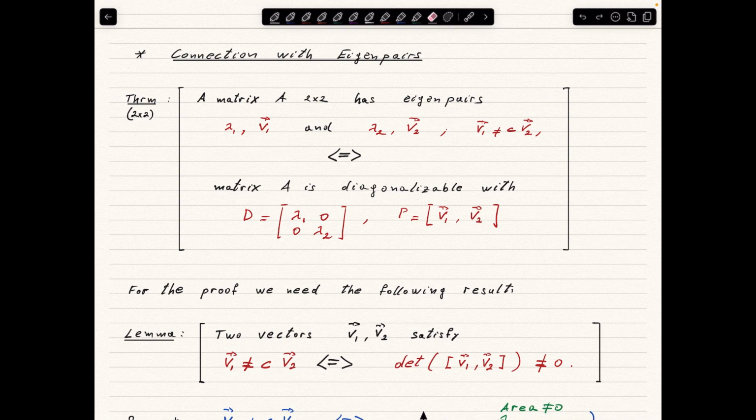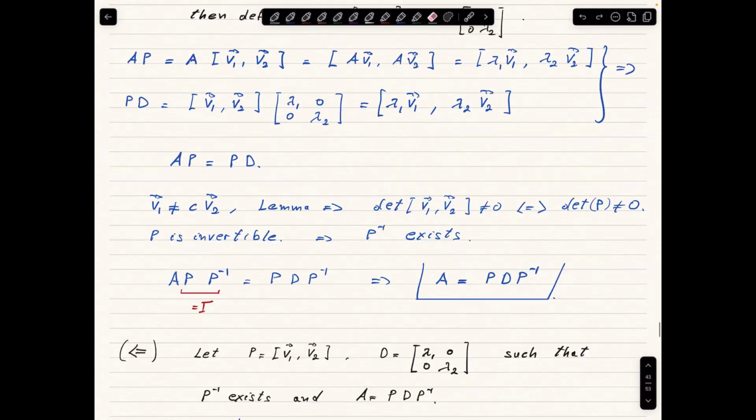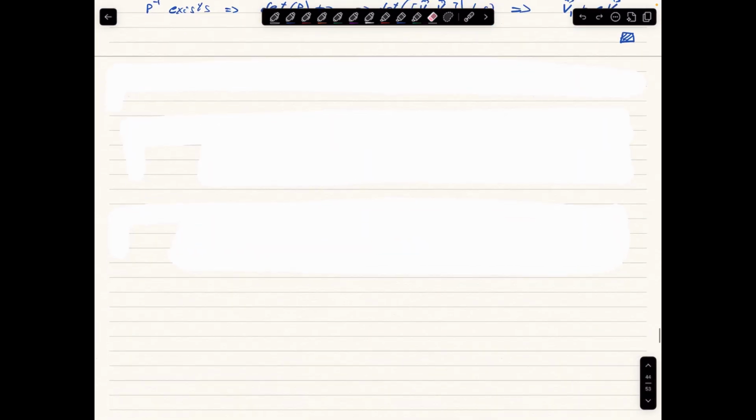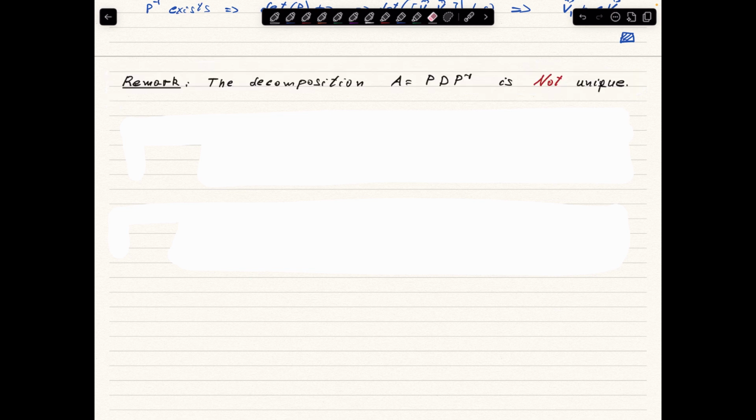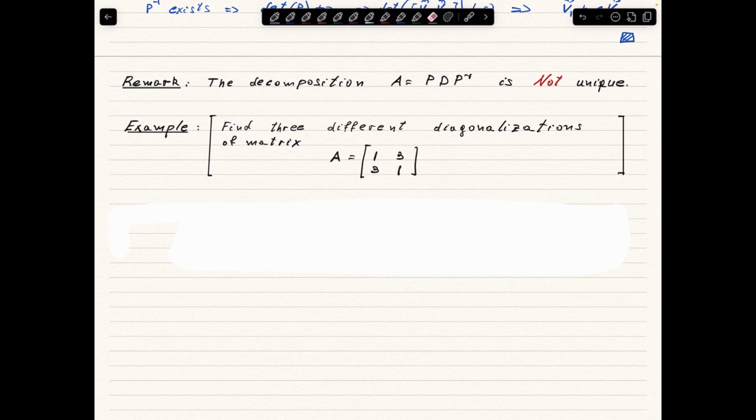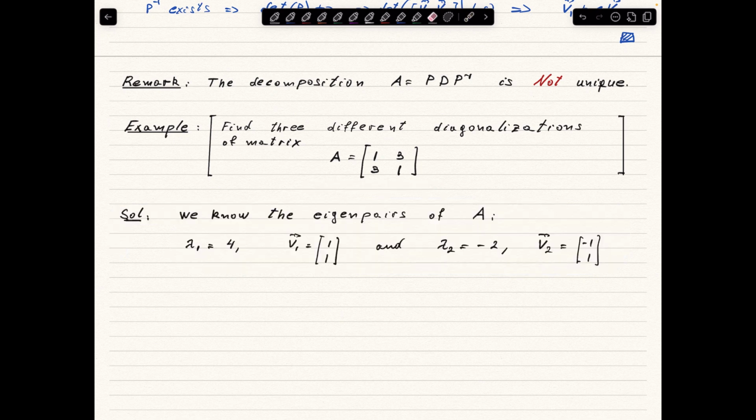One important remark about diagonalizable matrices is that the decomposition into factors of the diagonalizable matrix is not unique. So let's see that in an example. We already know that this matrix is diagonalizable, and we already know that this matrix has these eigenvectors.